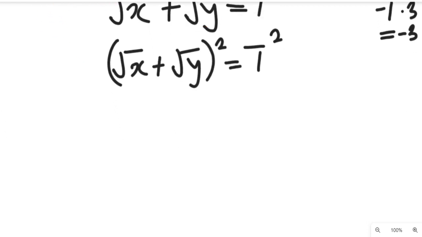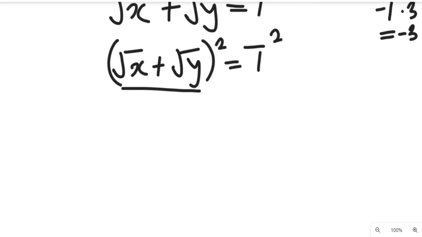Now let's simplify the left hand side. We will simplify the left hand side considering the binomial theorem. Square root of x plus square root of y squared is going to give us what? Now let's consider the first term square.